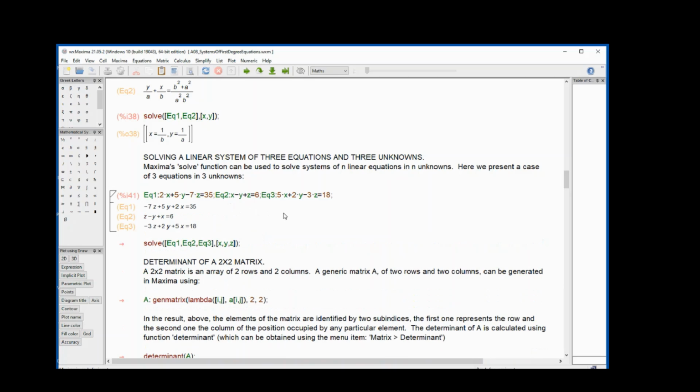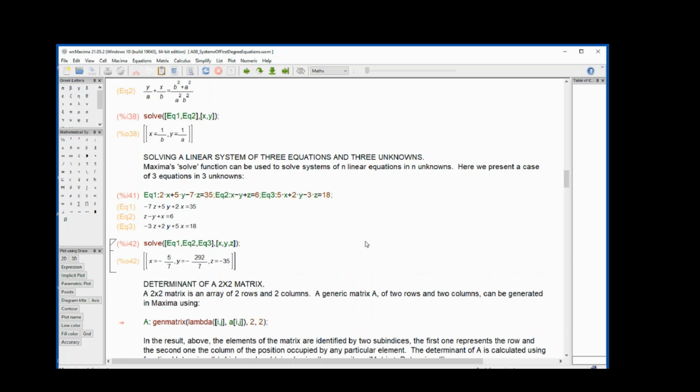Now, this is more difficult because you have to be eliminating one variable in a pair of equations and another pair of equations, and then eliminate the other variable in the two resulting equations. And so by hand, it gets complicated. But if you just solve in Maxima, your results come out right away.